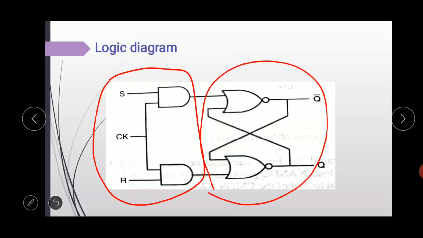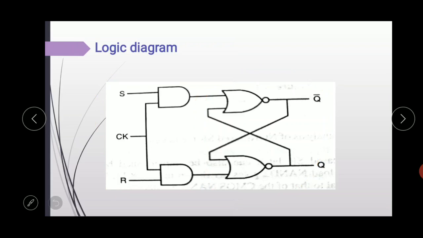Here we give the clock signal to this circuit. The difference is that the circuit response depends upon this clock signal. When the clock is equal to 0, the input signal has no influence upon the circuit response.